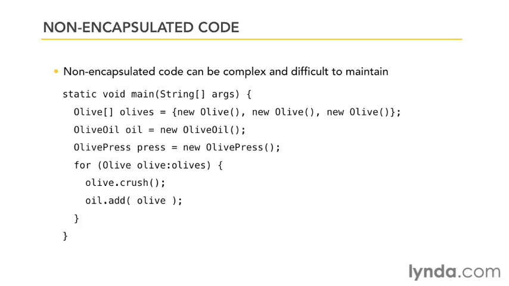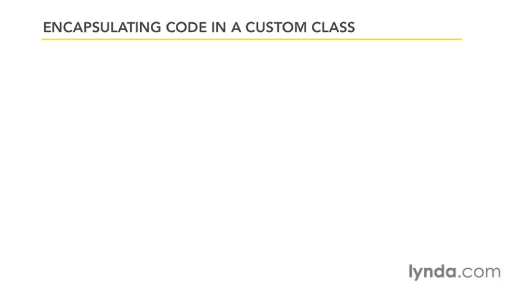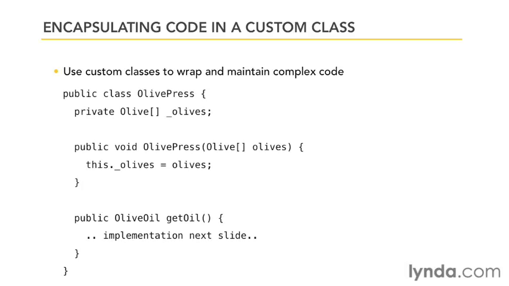So in Java applications, you're encouraged from the beginning to break your applications down into small pieces. So for example, I might take some of that code and move it off into its own custom class. I might create a class called OlivePress. Within the OlivePress class, I might declare a private field or a private variable. In this case, it's an array of olive objects named olives.